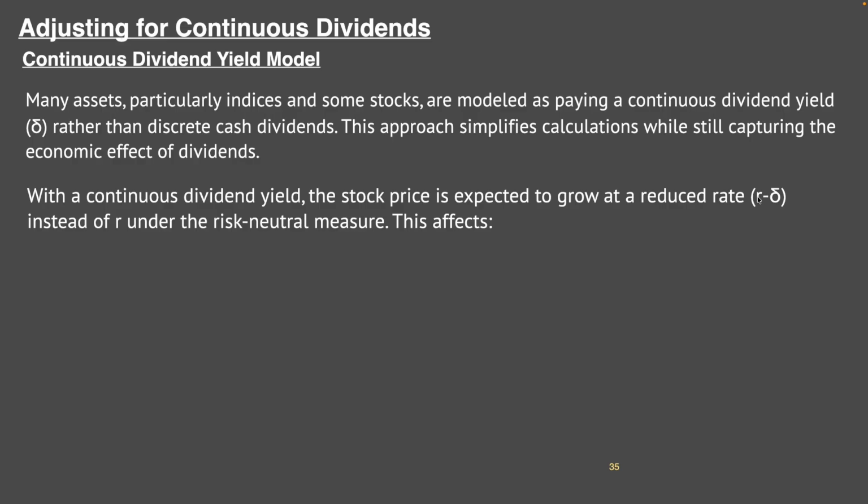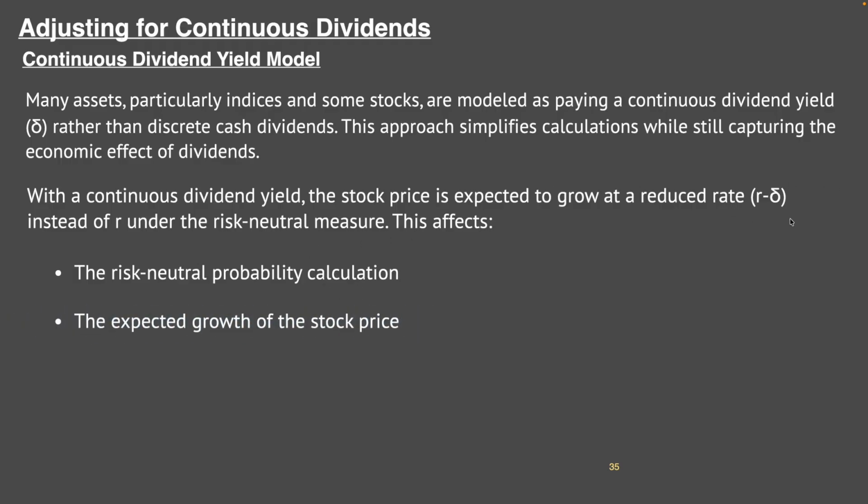Suppose you have paid a stock price of 100 rupees and after 2 months you get a 5 rupees dividend from the company. Net, you have paid only 95 rupees for the acquisition of the stock, because you paid 100 rupees and the company gave back 5 rupees as dividend. So what is the net amount you paid for owning that stock? 95 rupees. That is why, when we consider the yield as a percentage, it has to be reduced from the risk-free interest rate in order to get the present value accurately.